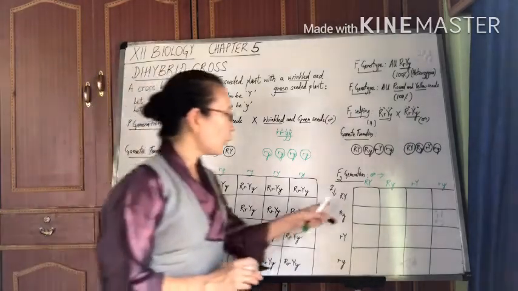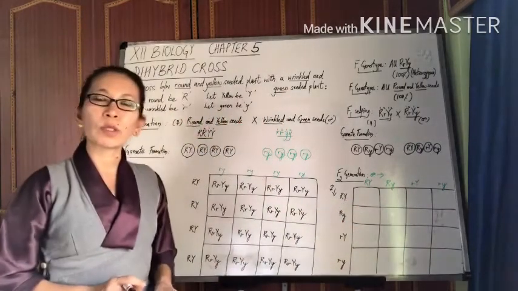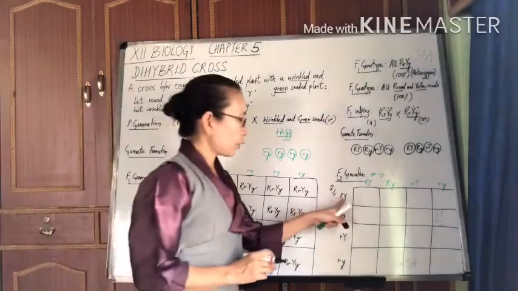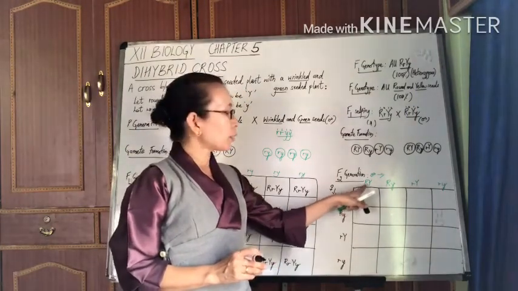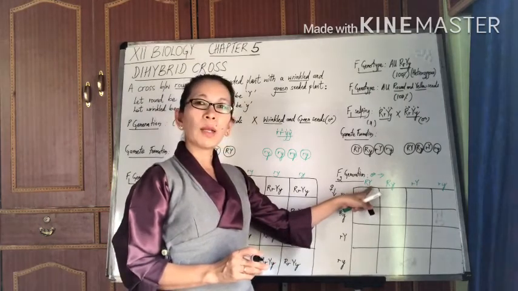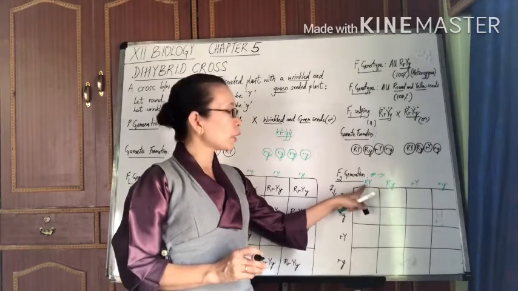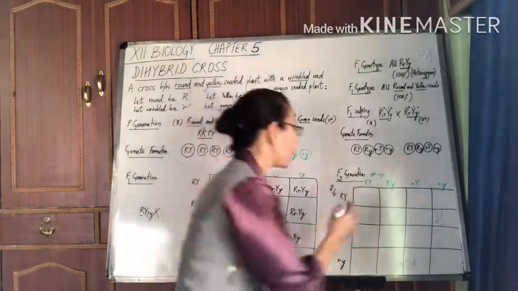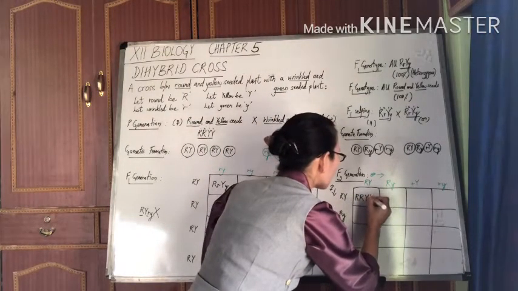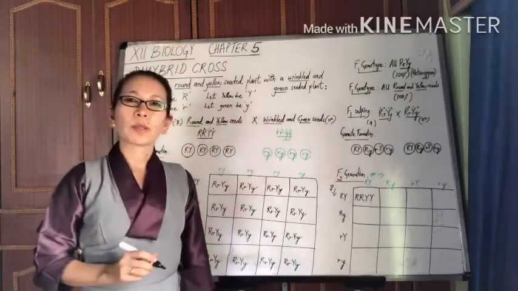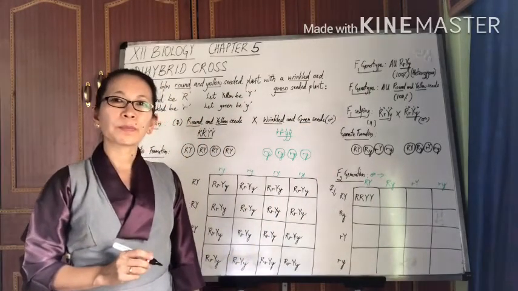Okay, so now let's take each of the boxes one by one. The first one here is capital R, capital Y, and the first on the male side is also capital R, capital Y. So the combination would be capital R, capital R, capital Y, capital Y. Both homozygous.